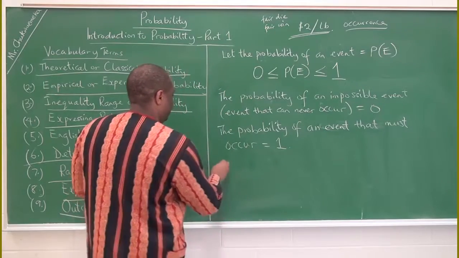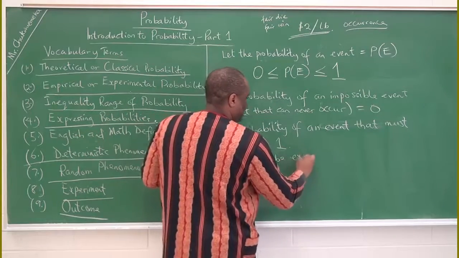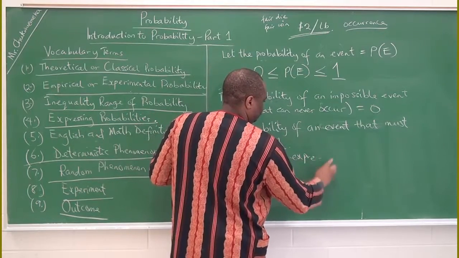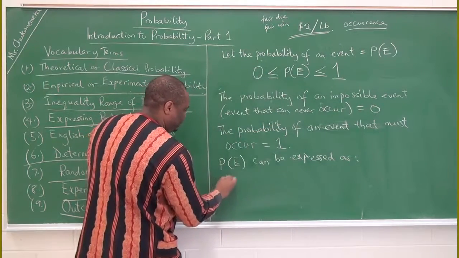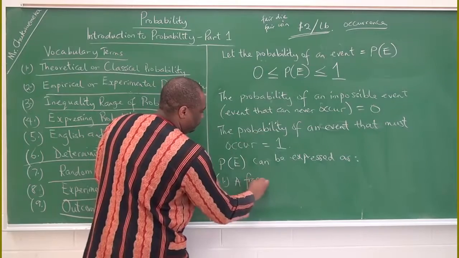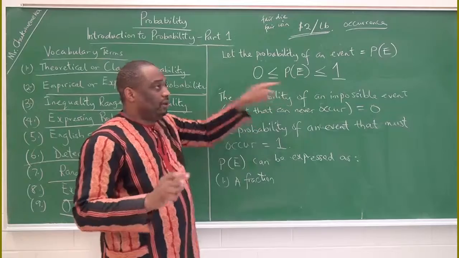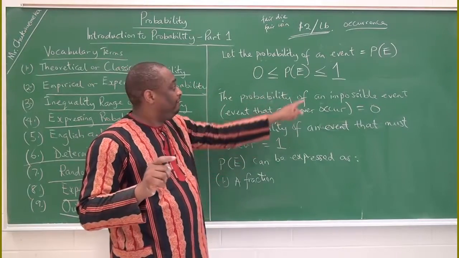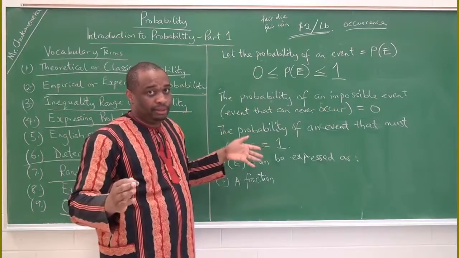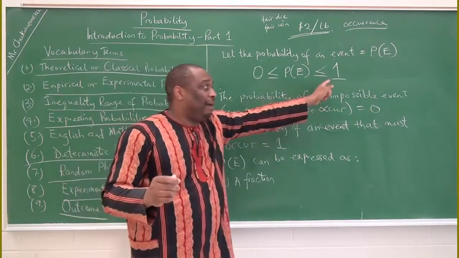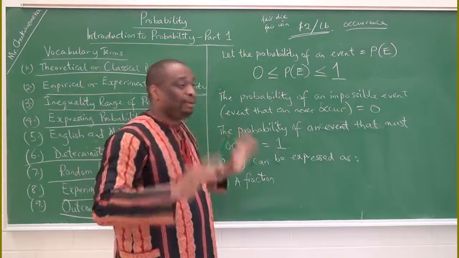And the probability of an event, P of E, can be expressed as a fraction. Of course, in this case, you will always have a proper fraction. Most of the calculations we will do are going to be between 0 and 1.